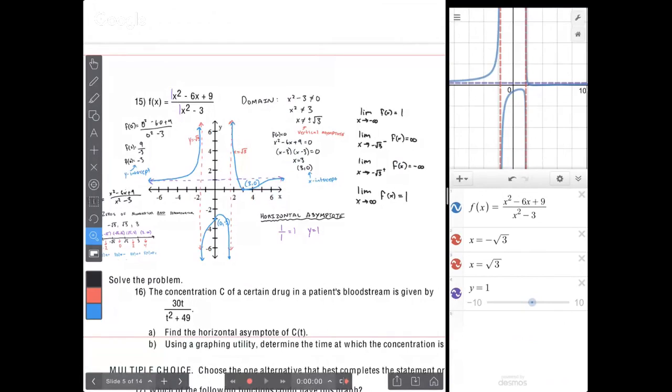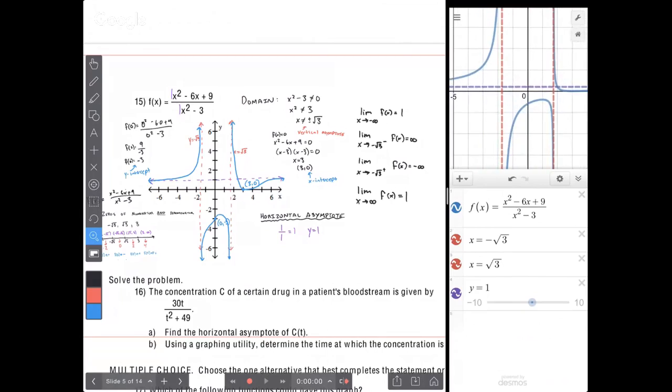Looks fine, right? Yeah, looks great. Oh, cool.